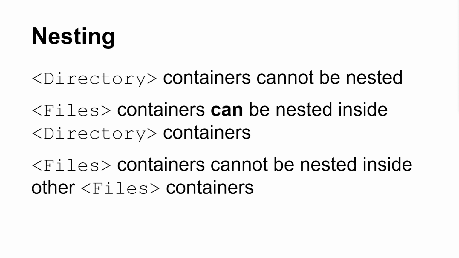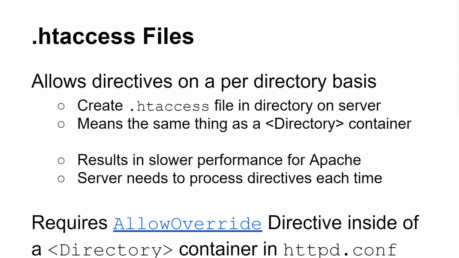So just like in, I believe, HTML or other XML type coding, you really should close your container before you start a new container and just specify a different path, different directory, different file for where you want these sets of rules to take place. Likewise, you cannot have a Files container nested inside of another Files container as well.